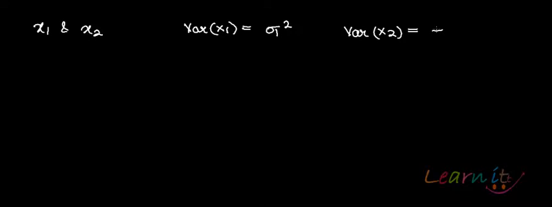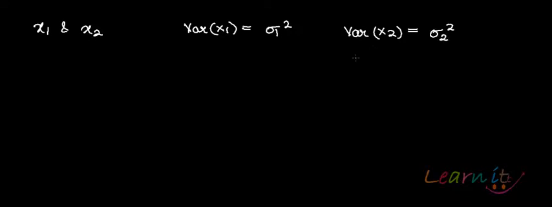Suppose x1 and x2 are two independent variates. Let's say these are also uncorrelated variates. The variance of x1 is, say, sigma 1 square, and the variance of x2 is, say, sigma 2 square.